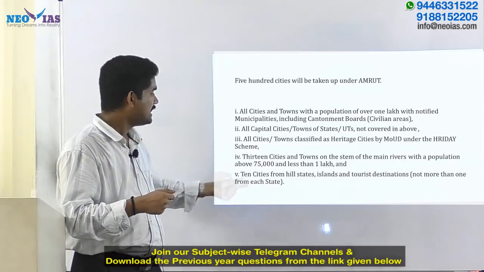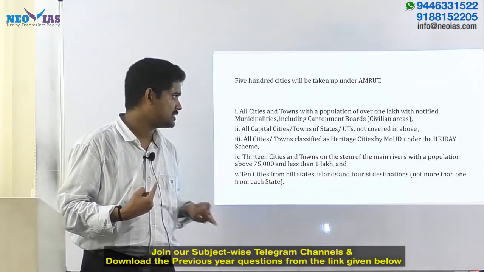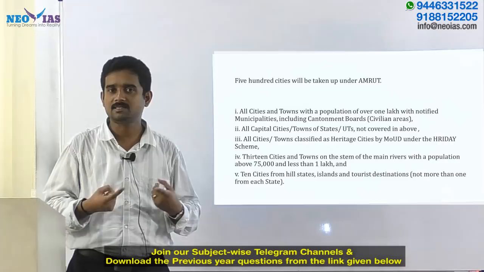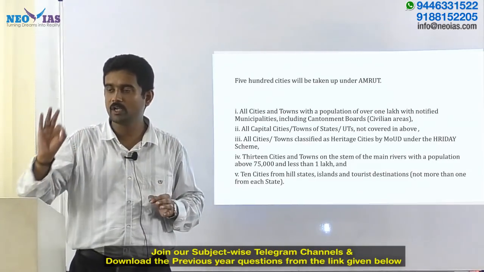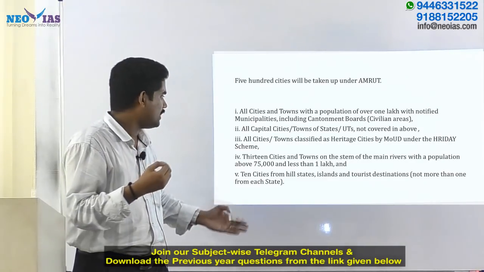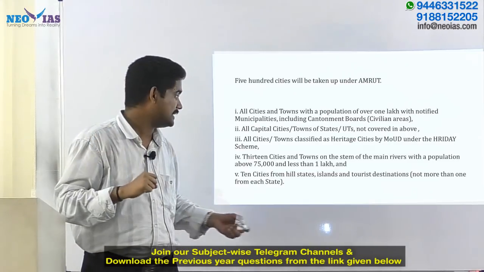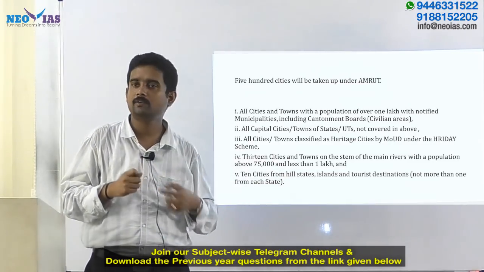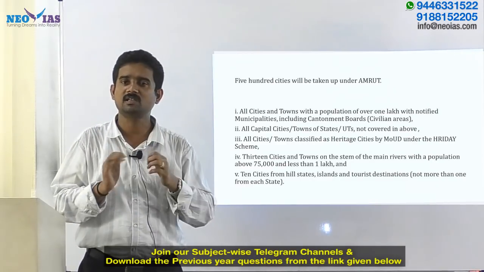And the last is 10 cities from hill states, islands and tourist destinations, not more than one from each state. So, to ensure that the benefit of the Amrut scheme goes across different regions and different types of geography, we are given specific instructions to take cities from the hill states, islands, and those which are some of the key tourist destinations in our country.